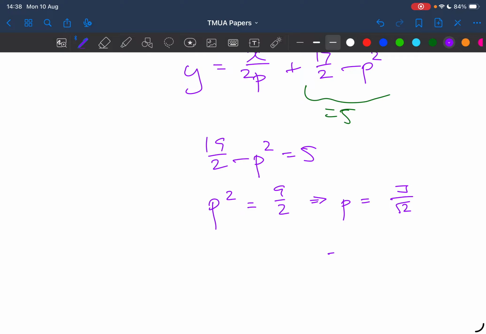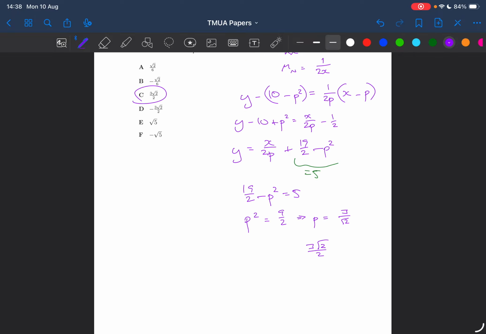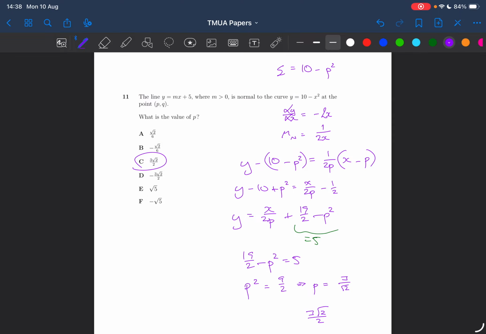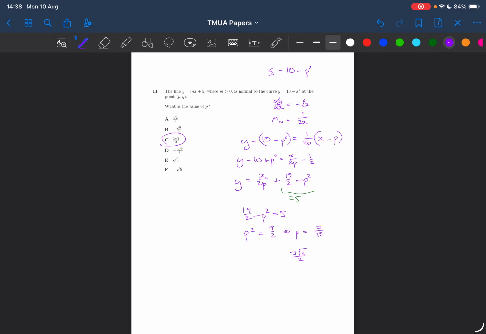Times the bottom by root 2, we'll have 3 root 2 on the top, a 2 on the bottom. So 3 root 2 on 2 is C, which is the correct answer. Lovely jubbly.